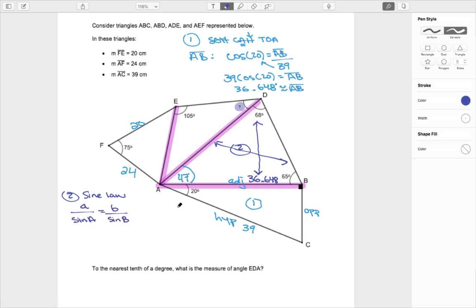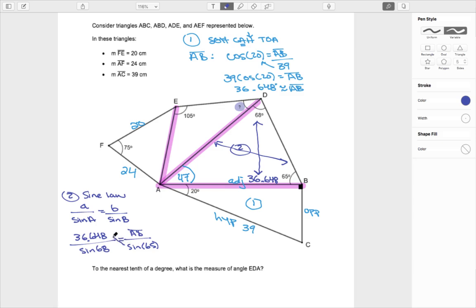Okay, so let's go ahead and fill in this information. So we know that 36.648 over sine of 68 is our unknown, so that's side AD, over the sine of 65.